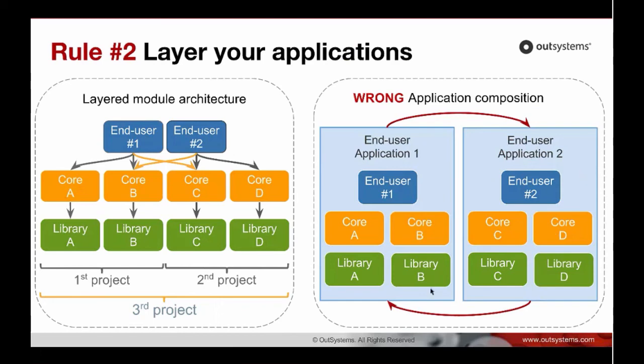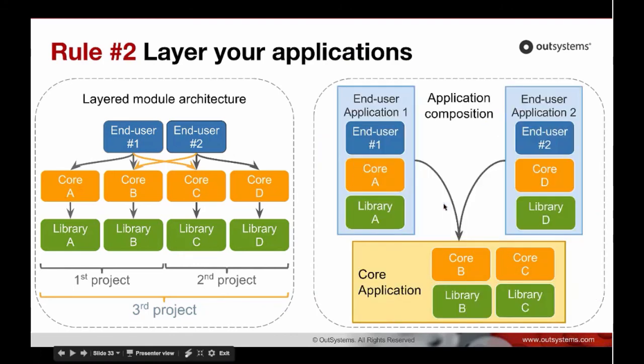So the idea is always, in the same way that at the module level we said we cannot provide reusable services, at this level we cannot put reusable services that are used outside the application inside the application itself. So the fact that core B is being consumed outside and core C is also being consumed outside means that they need to be extracted from the end user application.